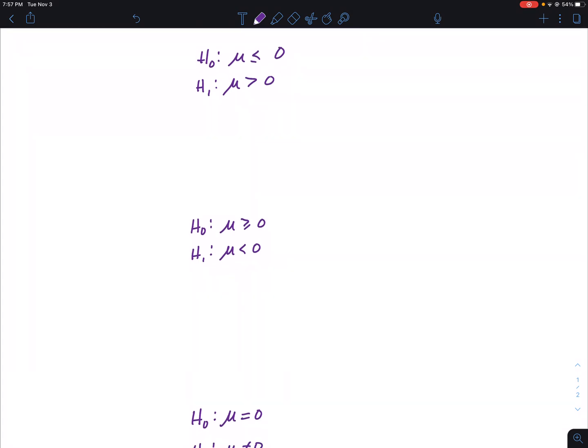So when we have these different situations, we get a different graph for our normal curve for each one of these. For the first one, since H1 says mu is greater than 0, our 0 would be in the middle.